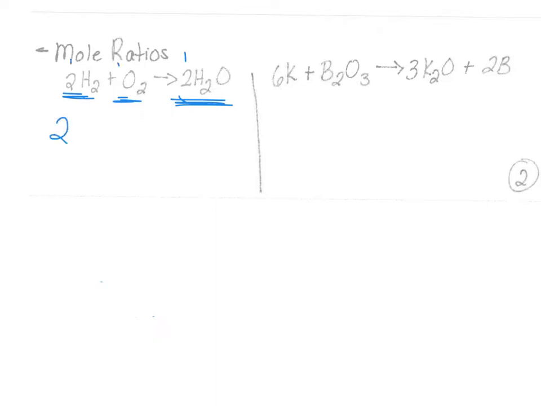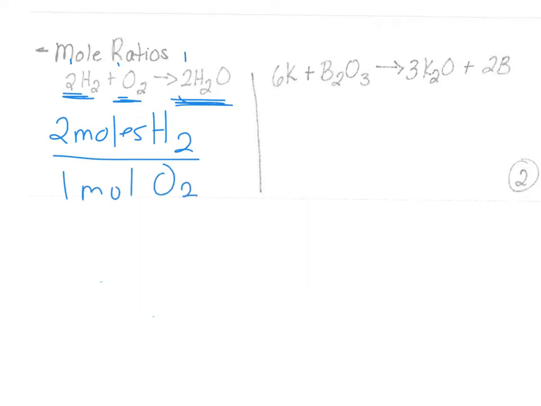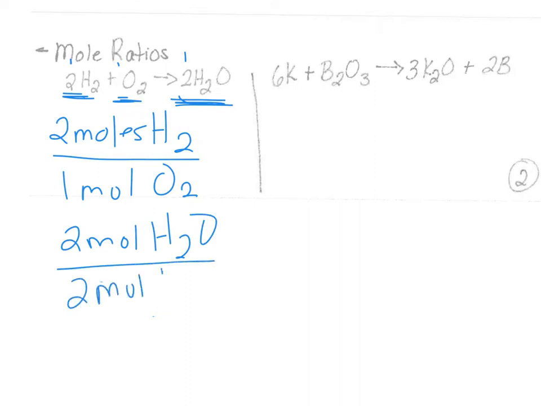So I could say that for every 2 moles of hydrogen gas, I'm going to need 1 mole of oxygen gas. For every 2 moles of water, I'm going to need 2 moles of hydrogen gas. And so you have to think of the coefficients as ratios.